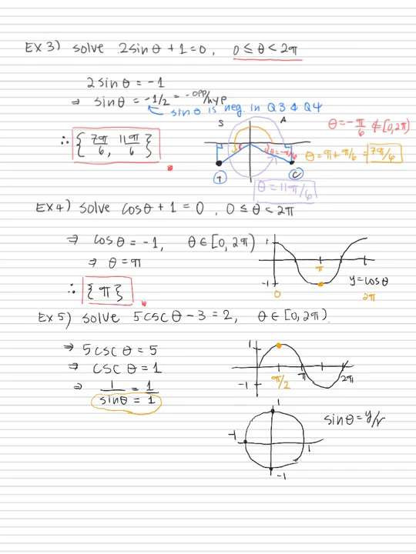Our r is always going to be 1 because we're talking about the unit circle. So sine of theta equals 1 means it's the same thing as 1 over 1. Now when does y assume 1 on the unit circle? That will be right here. So you could measure your angle from here to here, and then again theta is going to be pi over 2 regardless. Okay, so therefore our solution set is going to be just pi over 2.